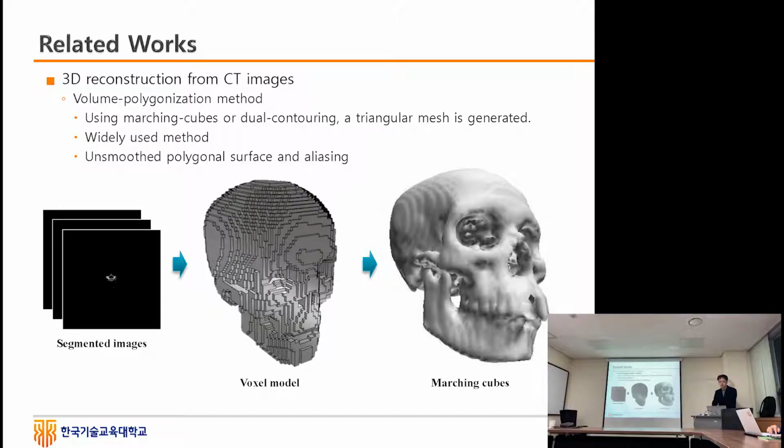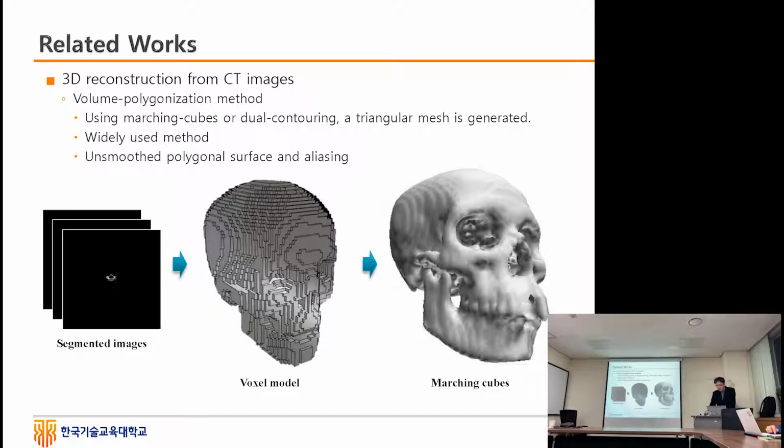Other methods are volume polygonization methods. In this method, the CT images are converted into polygon meshes. They are the most popular method to reconstruct human bodies from CT images.